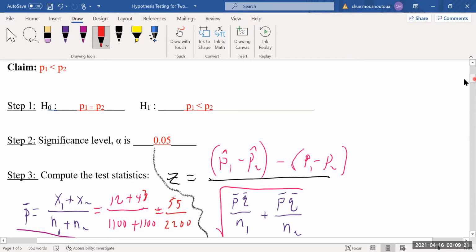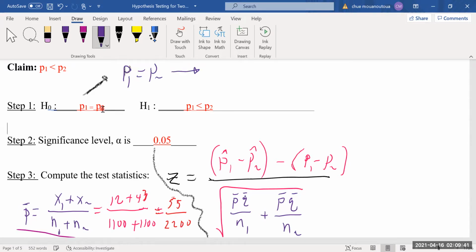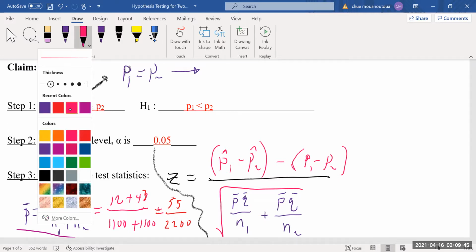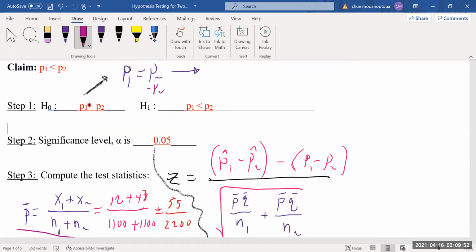So it turns out that if I go from the H0, I go P1 equal P2. Then if I do some algebra here, I would say minus P2 left and right.